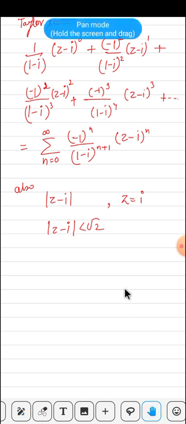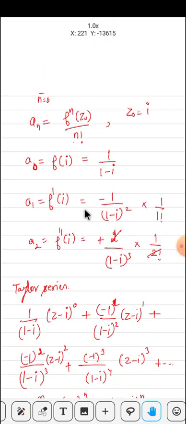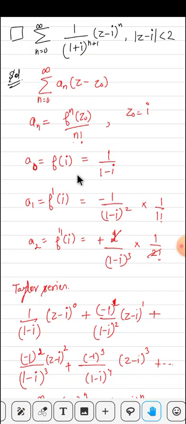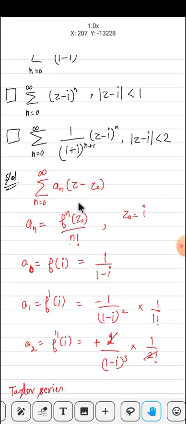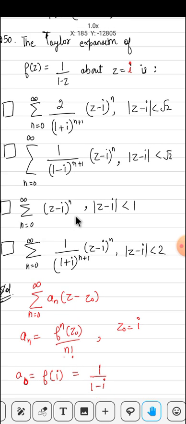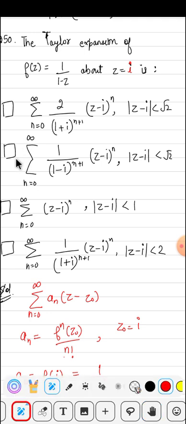Therefore our right answer is option, this one is our right answer.